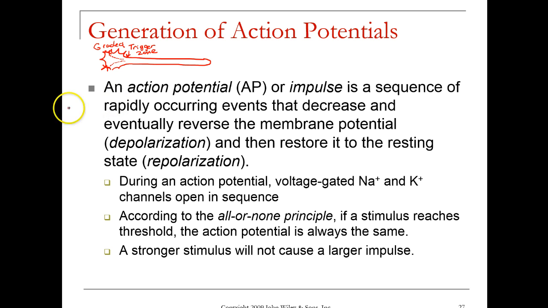So we can see, where is it, down here? The threshold for most neurons would be negative 55 millivolts. So if we hit negative 55 millivolts at the trigger zone, right here, then all the way down the rest of the neuron, down the axon, we will have our action potential.